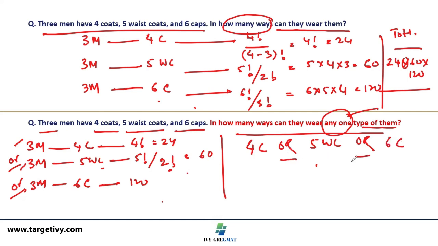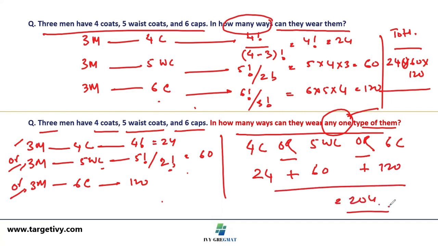This means the 24 plus 60 plus 120. This works out to 204. Let's go to the next one.